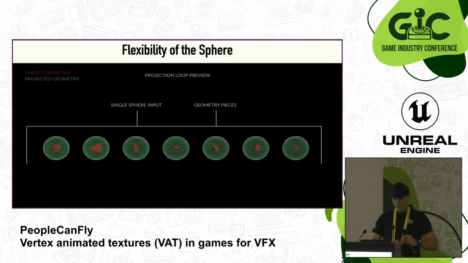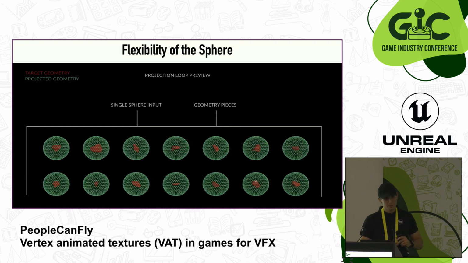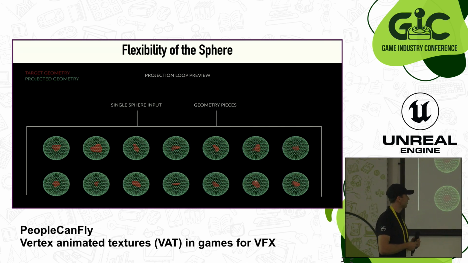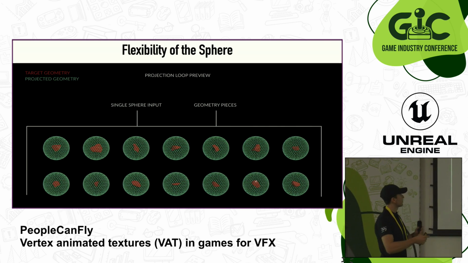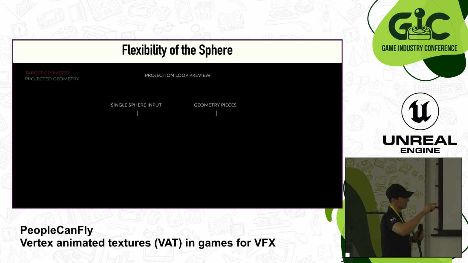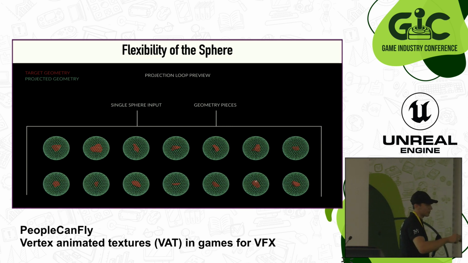And here you can see how with a single sphere we can iterate on every piece of the geometry. It's kind of hard to grasp when you look at it, but you can imagine that every piece represented here is a part of a fractured mesh.